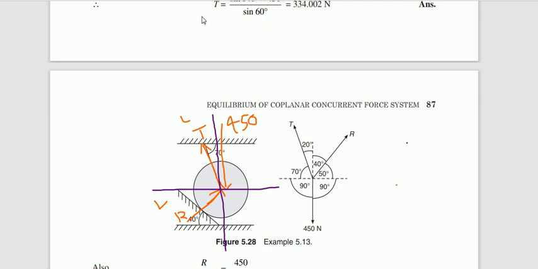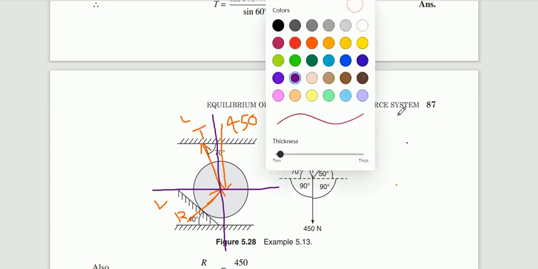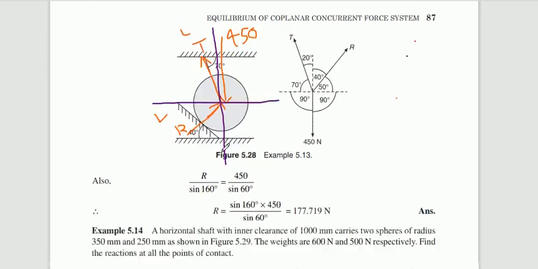Weight of the sphere is always acting downward, therefore you can write 450 coming downward. Clear? And the line of action of R, it is moving like this, so the force is going here. You can write this as R.